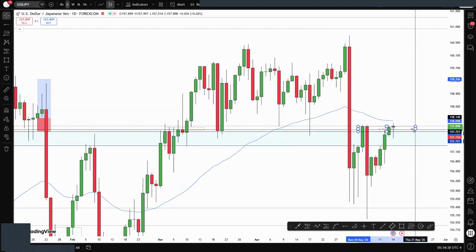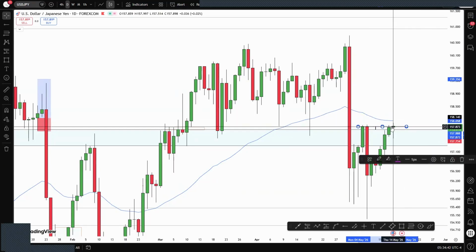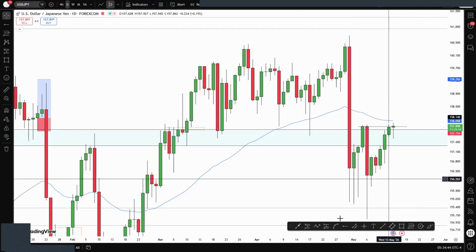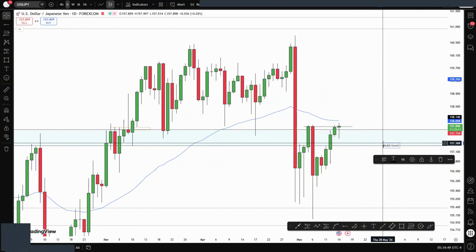But this is what I want to see now. Need the daily to close above this OG level. So we are waiting for the daily candle close.